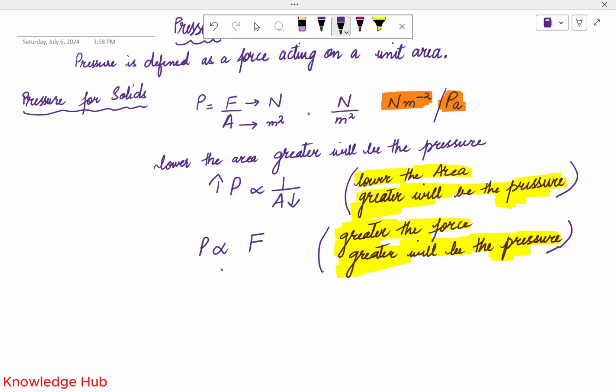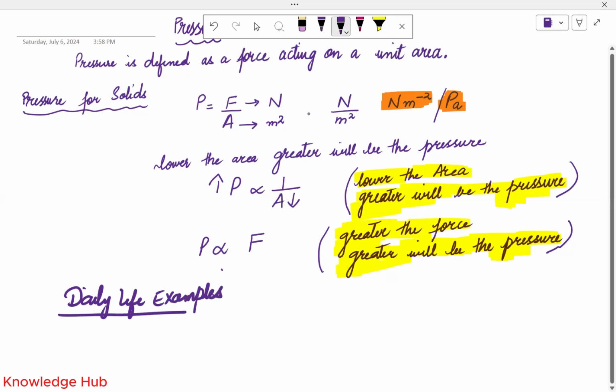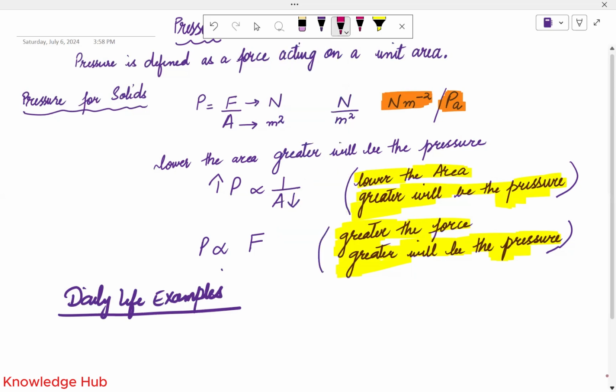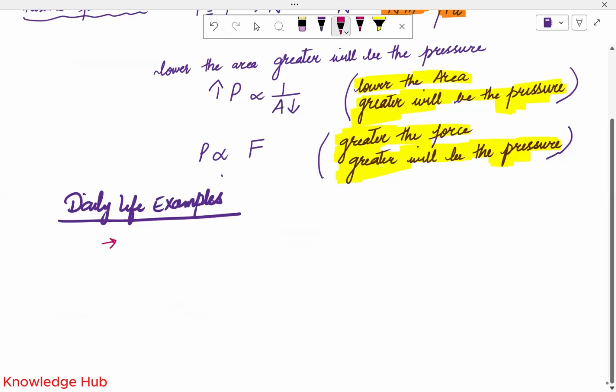Let's take some daily life examples. We know that if there are two knives, one is sharper and the other is not much sharp.